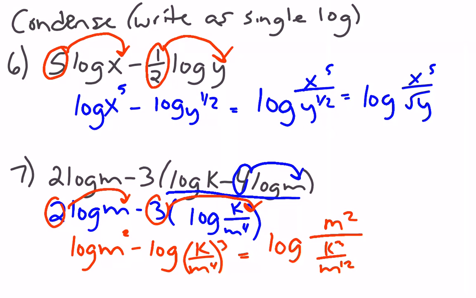Change that to multiplying by the reciprocal. So we're going to have m squared times m to the 12th over k cubed. So final answer, we'll put that in pink. Log of m to the 14th, 14th, you got that? Over k cubed.